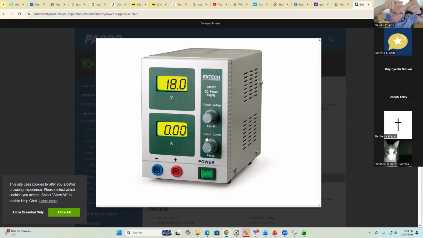You have an accumulation of positive charges here at the top and an accumulation of negative charges here at the bottom. The power supply does the same, provides the same configuration, but it's a far more flexible device because it provides voltage, different voltage. Here's the switch on and off, power switch.